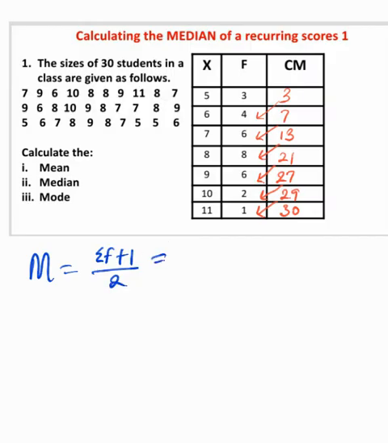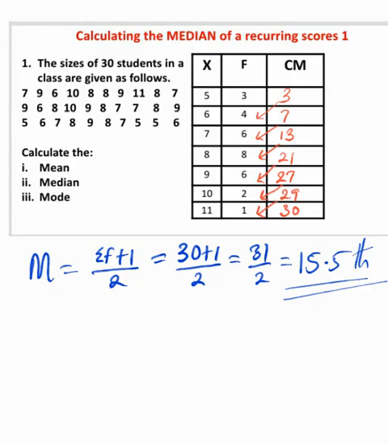Now we have our summation f to be equal to 30, so we have 30 plus 1 over 2, and that will be equal to 31 over 2. When we divide this, we're going to have 15.5. So 15.5 becomes the position of our median on this cumulative frequency table.